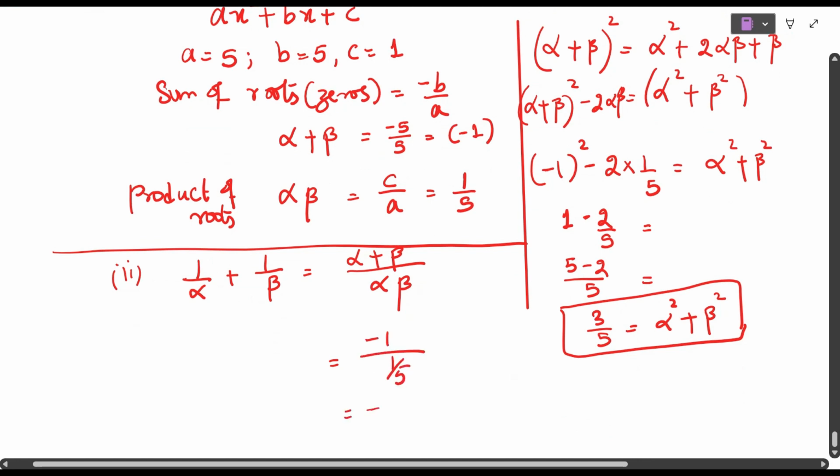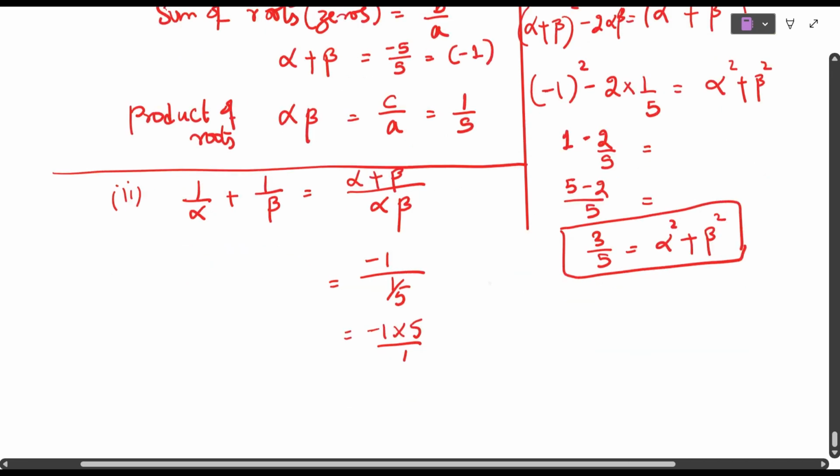This gives minus 1 into 5 by 1. That is equal to how much? Minus 5. Therefore, alpha to the power minus 1 plus beta to the power minus 1 will be equal to minus 5. Did you understand, students?